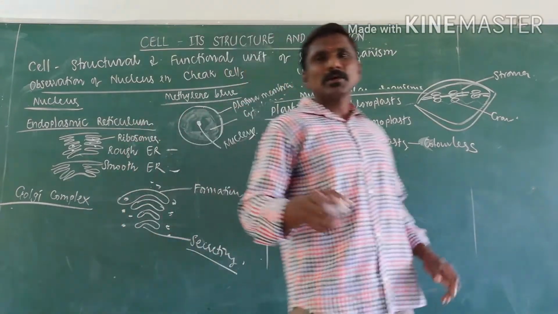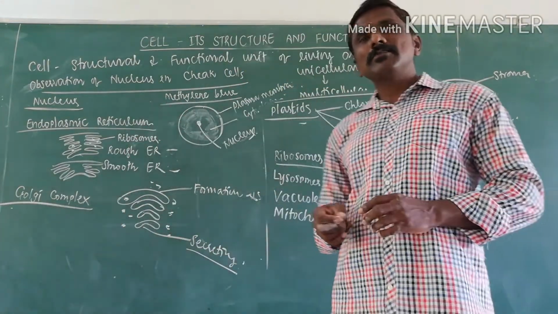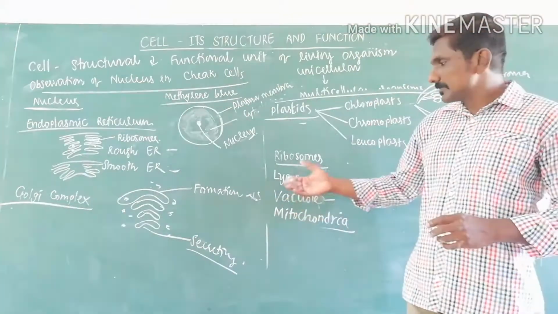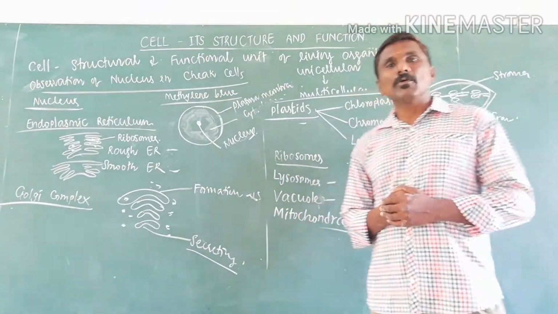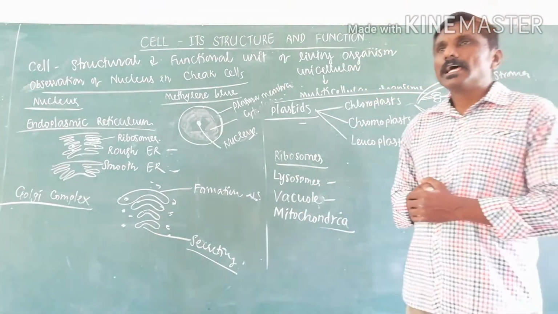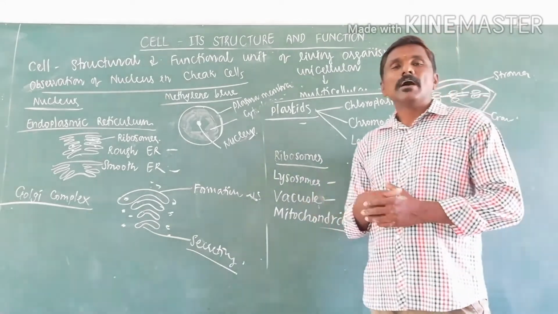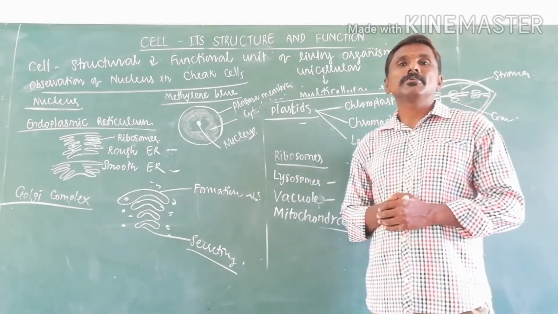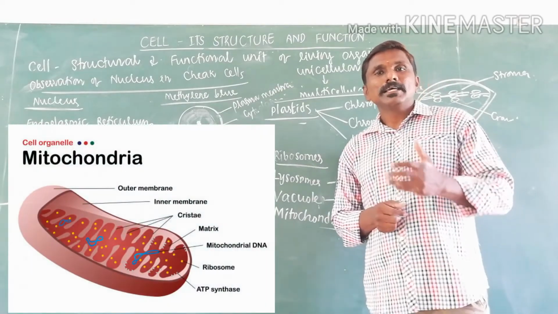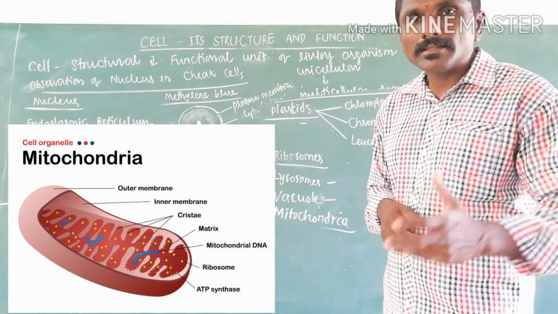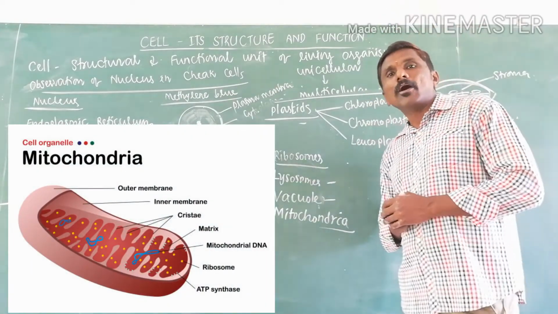And next we will discuss the mitochondria. Here, mitochondria is called the powerhouse of the cell. These are tubular or oval-shaped structures. For observing the mitochondria, we have a lab activity, observation of mitochondria in onion peel.